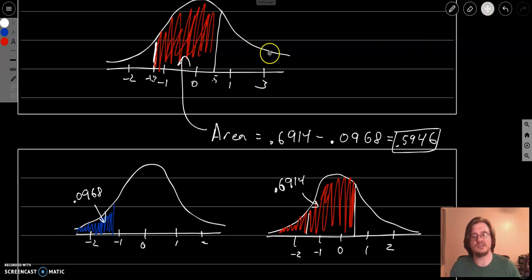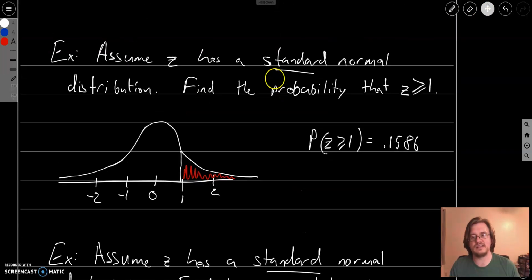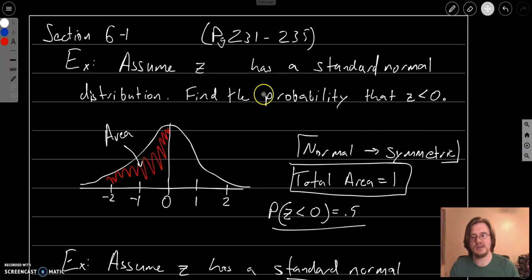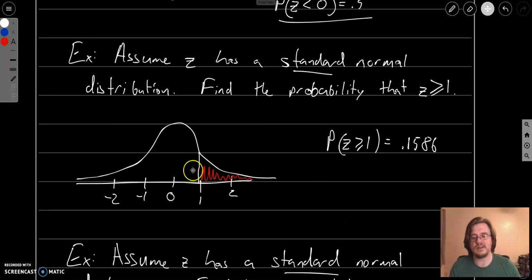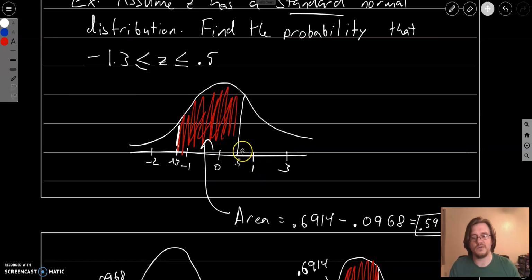So in general, there are three calculations that you might be expected to make. Finding the area to the left of a value, finding the area to the right of a value, or finding the area between two values.